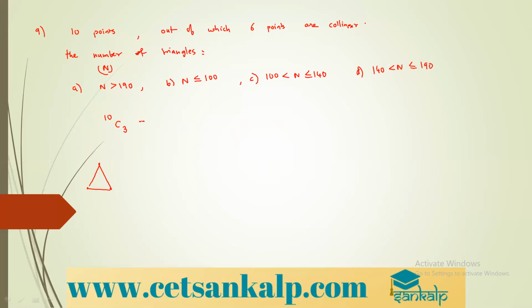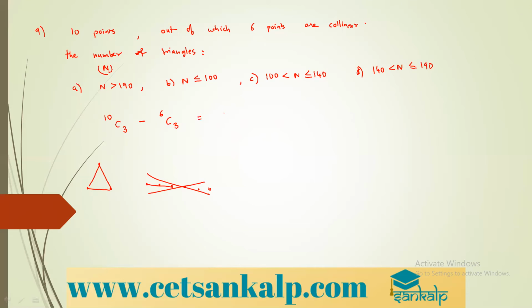But you cannot take these 6 points which are collinear, because from these 6 points, even if you join any 3 points, you will not get a triangle. So subtract that.